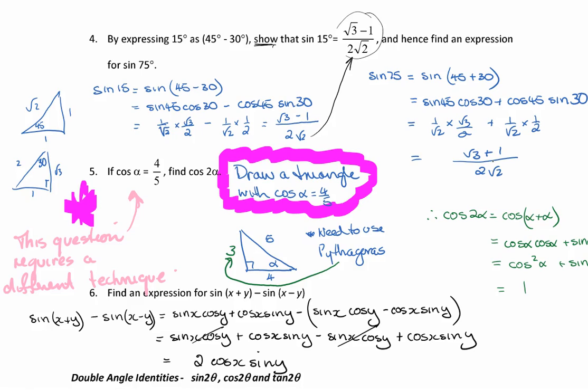Question 5, definitely a new little technique. If cos of alpha is 4 on 5, find cos of 2 alpha. Now, cos of alpha is 4 on 5. It's not taking me to exact triangles.